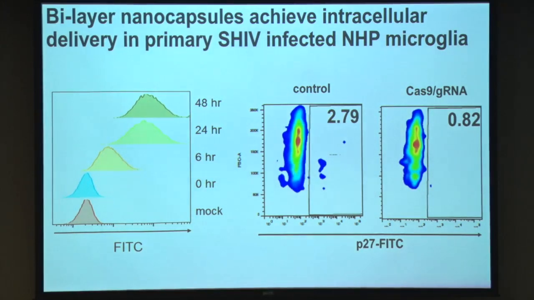The purity of the population is around 60 to 80% by staining CD68. Is that the best marker for microglia? What I use is CD11b and CD68. Both. Yes. All right.